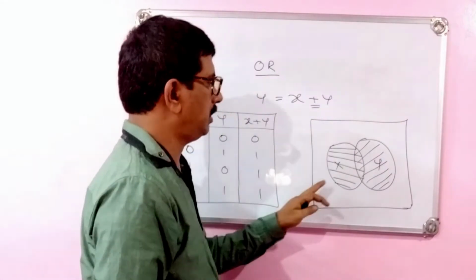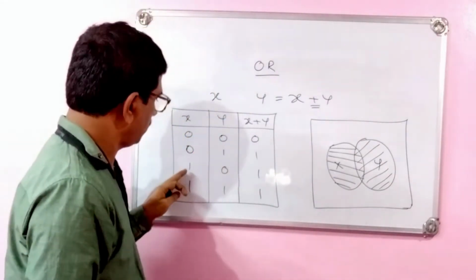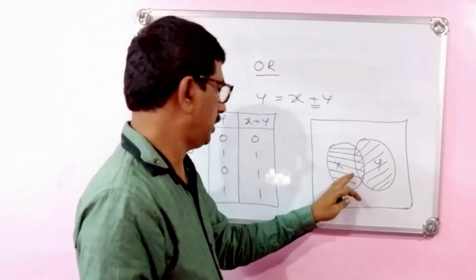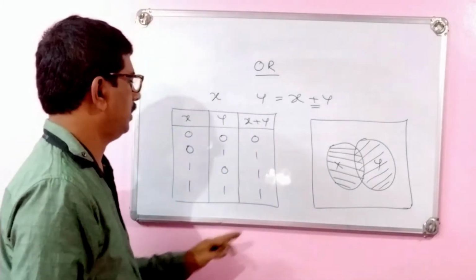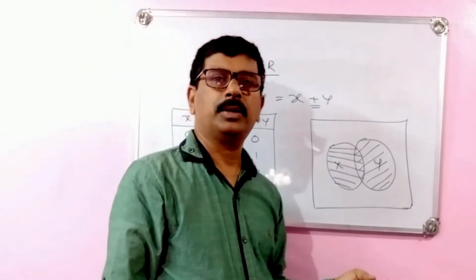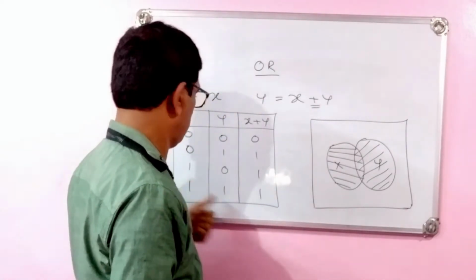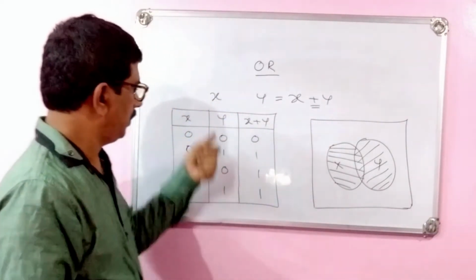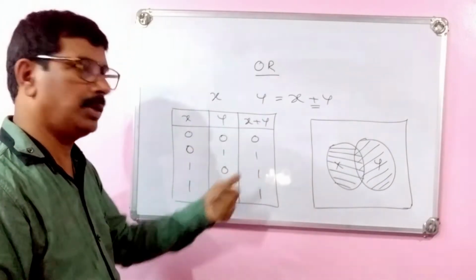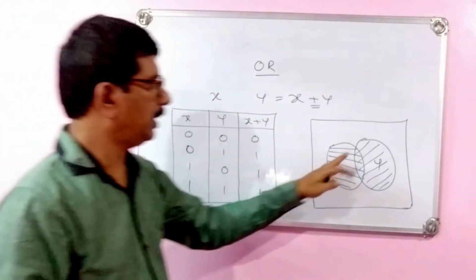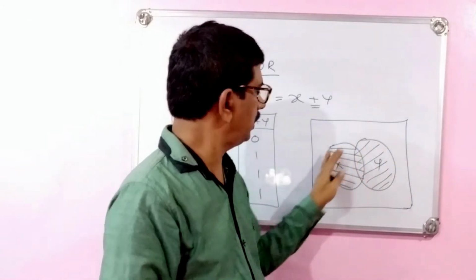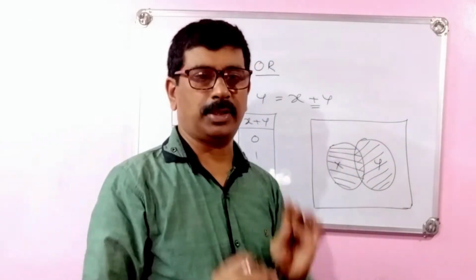The meaning is, when x is 1, then we will get the result. Y is 1, then also we will get the result. So all of these are shown by the shaded region.